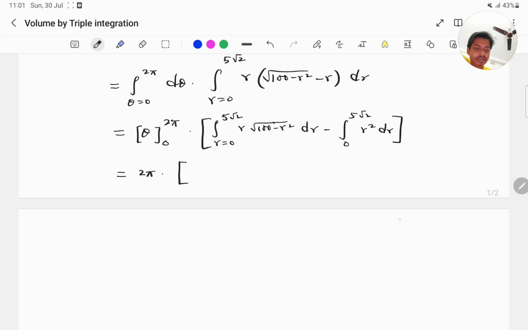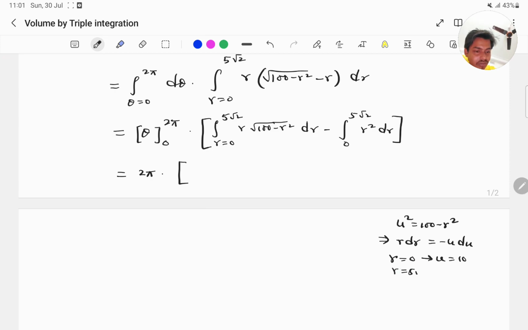So if we substitute u square equal to 100 minus r square, then from here we get r dr equal to minus u du, and the limits change: when you put r equal to 0, this implies u equal to 10.